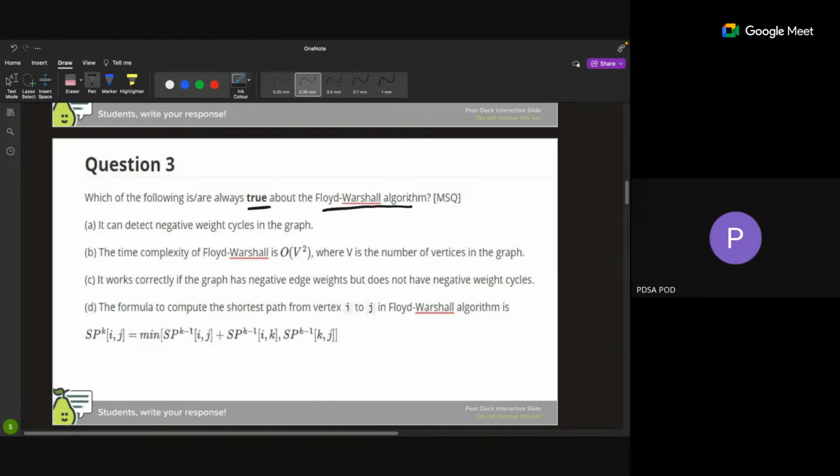So Floyd-Warshall algorithm. Before going to Floyd-Warshall, what this Floyd-Warshall is, is running Dijkstra's algorithm for every vertex. Dijkstra's algorithm is single source, only one source.